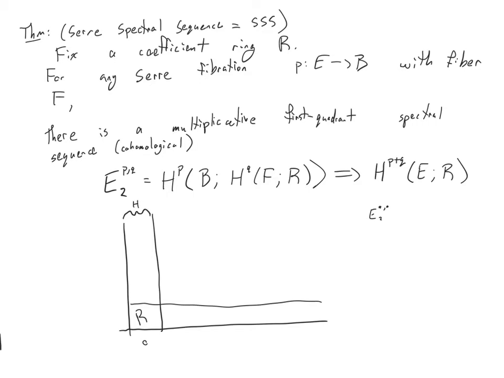This looks like H^0 of the base with coefficients in H star of the fiber. If we suppress R, this is going to look like H star of the fiber. So you have stuff about the fiber in this direction.